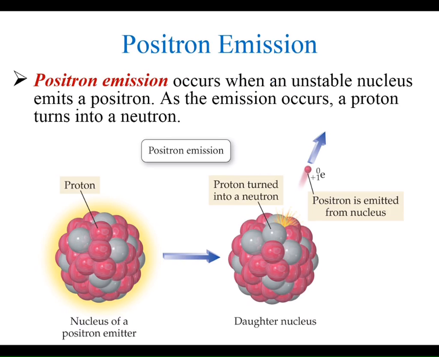Now the other one I mentioned was this weird one called the positron, which is like a positive electron. It is just the flip side of the beta. In the beta, you're spitting out a little negative charge. Now we're going to spit out a little positive charge. In the beta, a neutron turns into a proton. In the positron, a proton turns into a neutron.